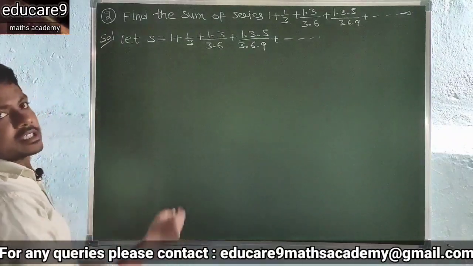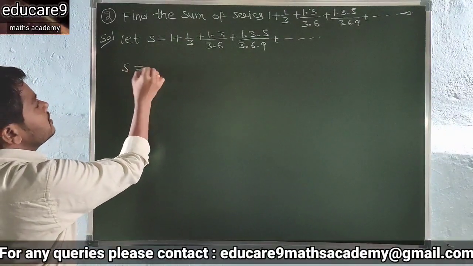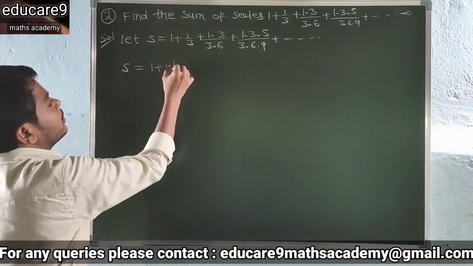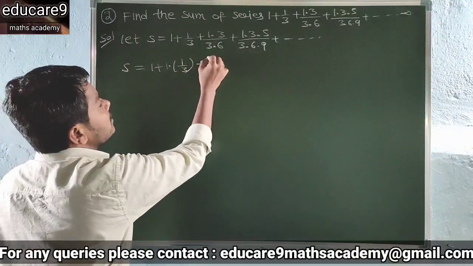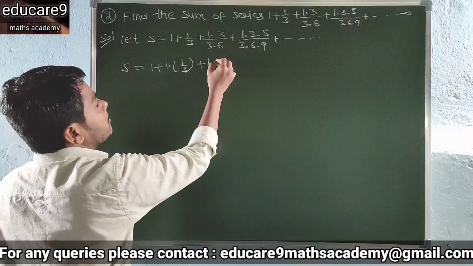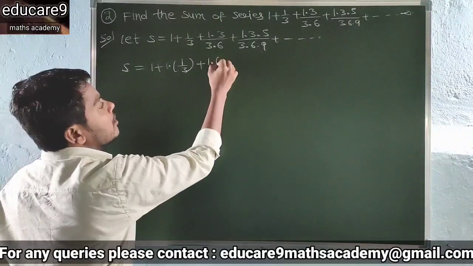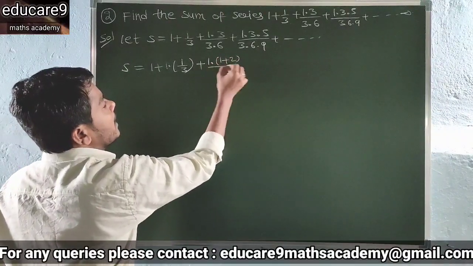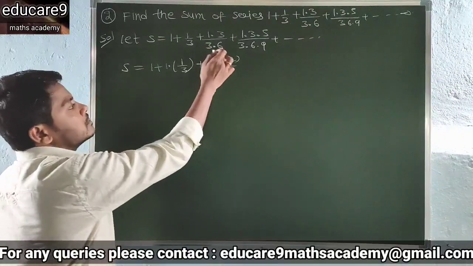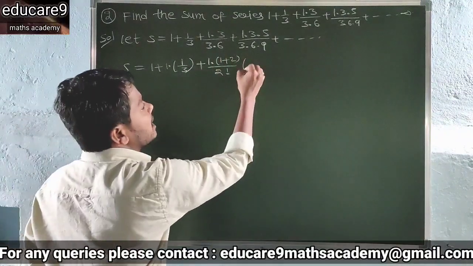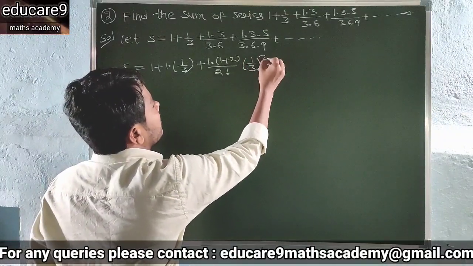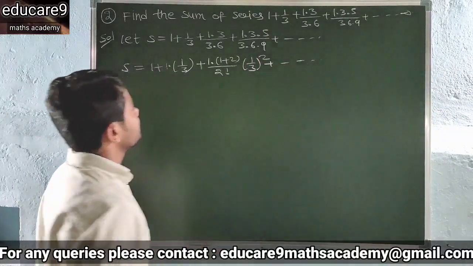So this can be written as S is equal to 1 plus 1 into 1 by 3, and this one, 1 plus 1 into 3, can be written as 1 plus 2 by 2 factorial, that is 2. So here the remaining 3 into 3 can be written as 1 by 3 whole square and so on.